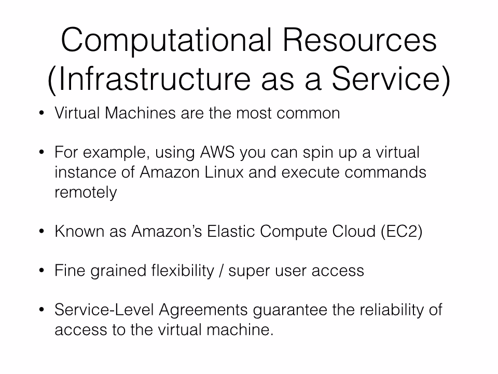Let's talk about another type of infrastructure or computational resources with respect to infrastructure as a service. This is where virtual machines are the most common types of things that you'll see. One example, and I've done this many times as a software engineer, is that I would use Amazon Web Services to spin up a virtual instance of something like Amazon Linux and be able to execute commands against it.